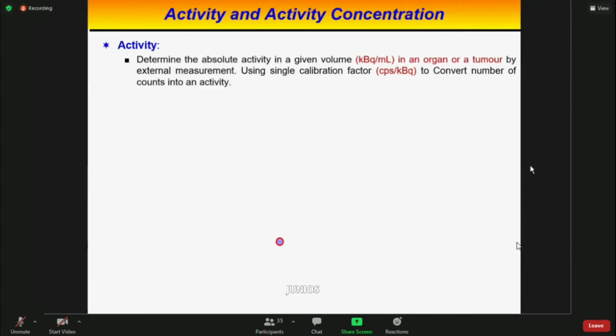The number of transitions per unit of time. The unit of activity is the becquerel, which is defined as one transition per second. The older standard unit, the curie, is still in common use. The goal of quantitative nuclear medicine is to determine the absolute activity in a given volume, that is the patient, organ or tumor, per unit volume, that is kilobecquerel per ml, by external measurement of radiation emitted by the patient.